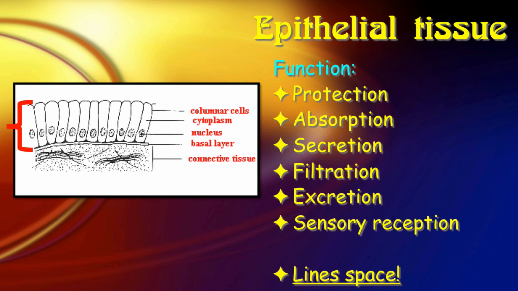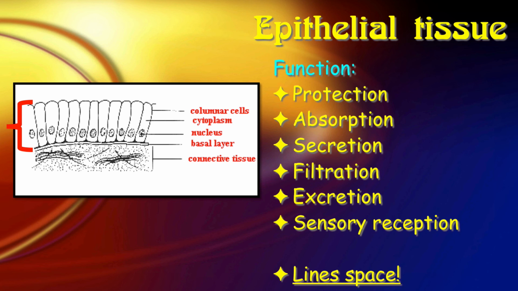Filtration is another function, and we see this, for example, in the kidneys, where we filter the blood to produce urine. And we could look to the kidneys as well for excretion, because we have cells that will excrete unwanted things into the urine, as this is fine-tuned so that it can be ejected from the body.